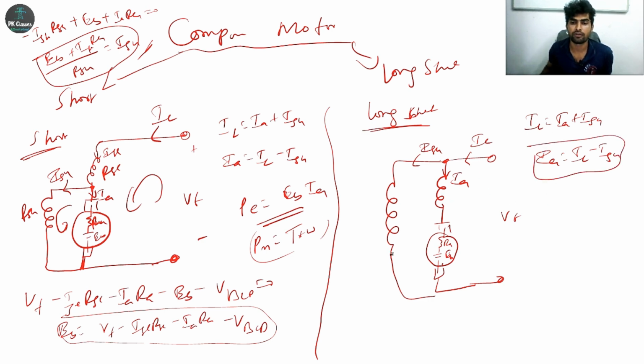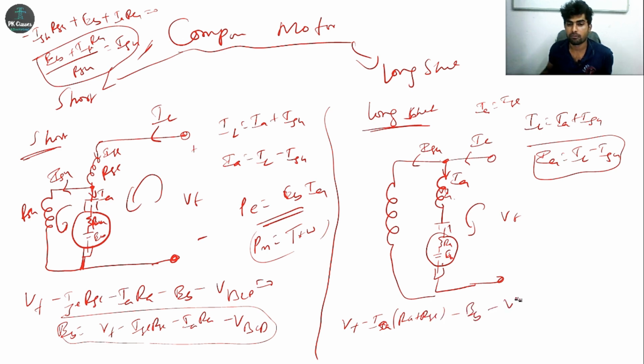If you want to determine EB, I'll apply KVL to this loop: VT minus IA into ISC, because IA is equal to ISC, right? The same current is flowing here also. So I'll take IA into this RA, this RSC, RA and RSC in series. So RA plus RSC, minus EB minus V brush is equal to 0.